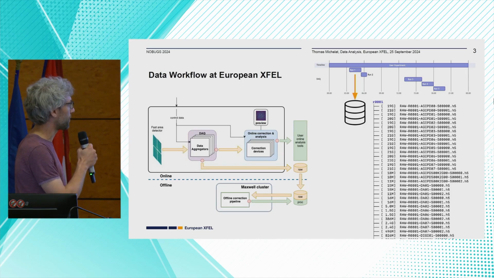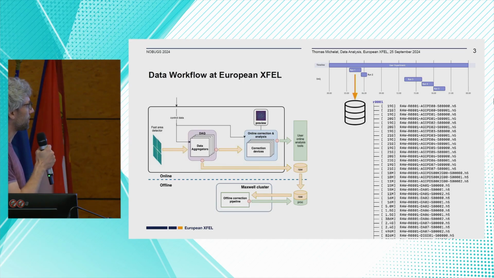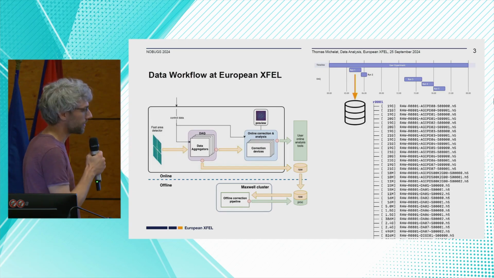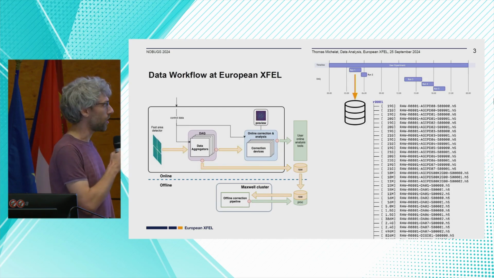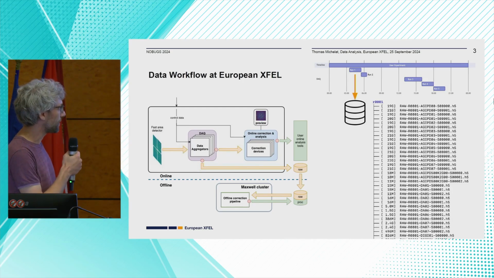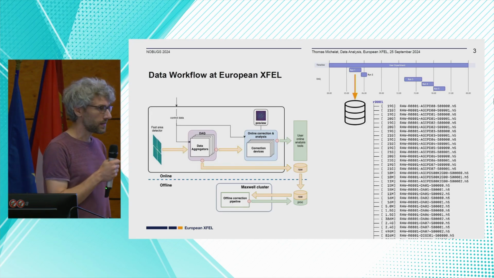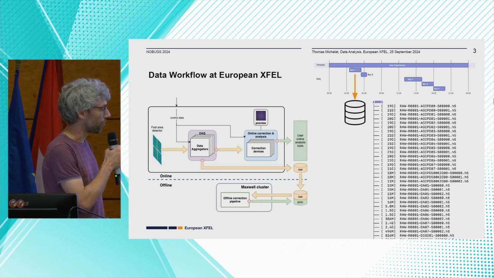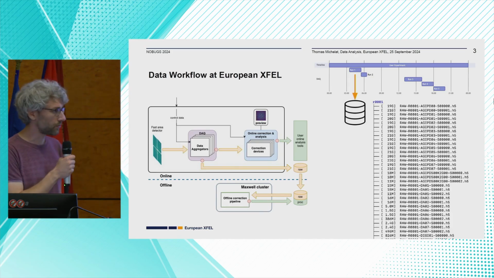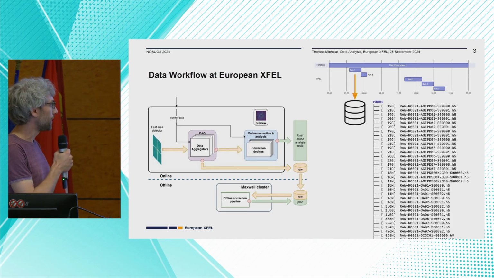In terms of data workflow, we typically operate with a large detector that can operate at megahertz rate. With that bunch structure, the data is being streamed through the data aggregator alongside control data, and it can be further streamed to an online computing cluster, which is used for correction of the data, visualization, and further data analysis for steering the operation during the experiment, to have live feedback and be able to monitor what is happening.